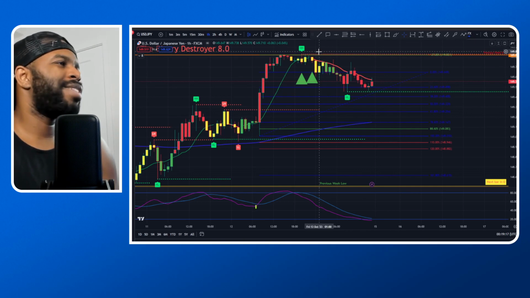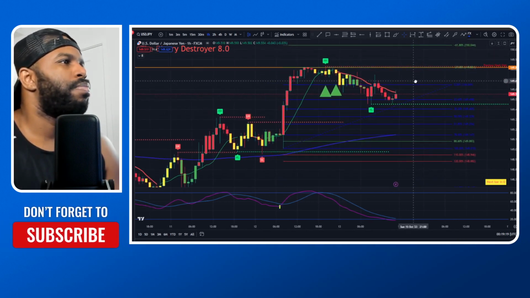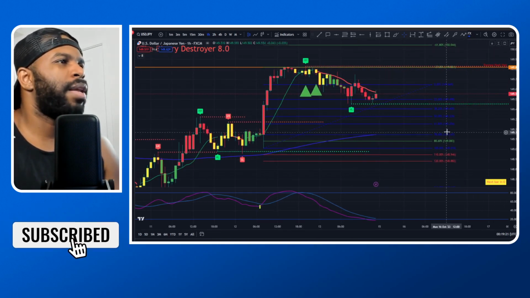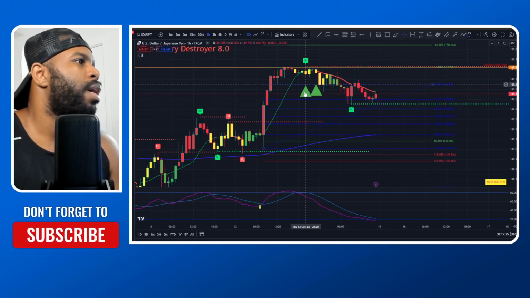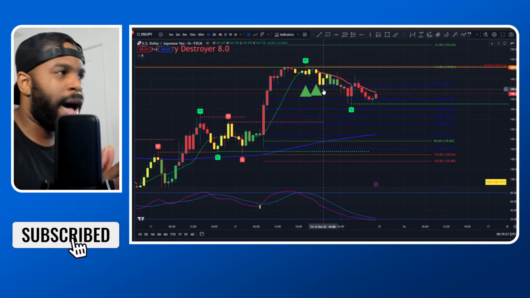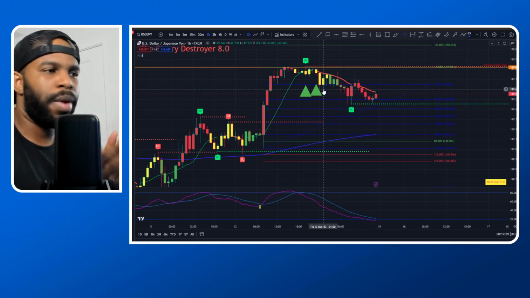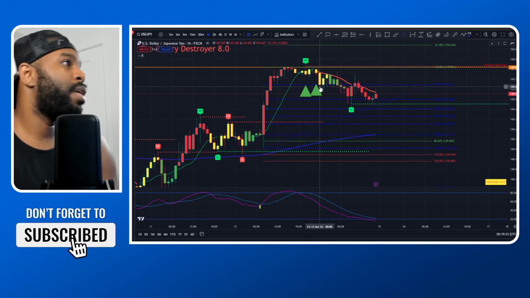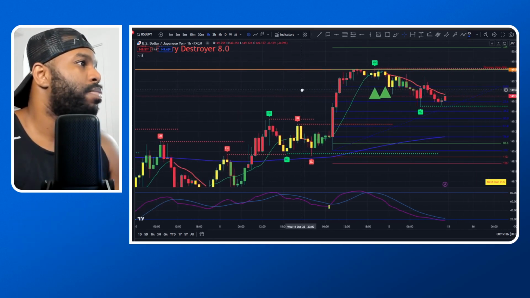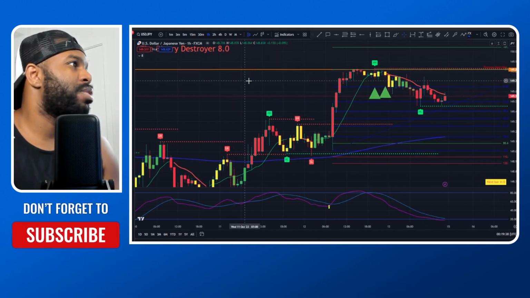But I got to see that rejection. But yeah, this is how I get in really good entries. I use the Fibonacci retracement tool, and then I combine it with the indicator and the strategy. So that's how I'm really getting in sniper entries for these trades that I'm taking using the strategy and the indicator.